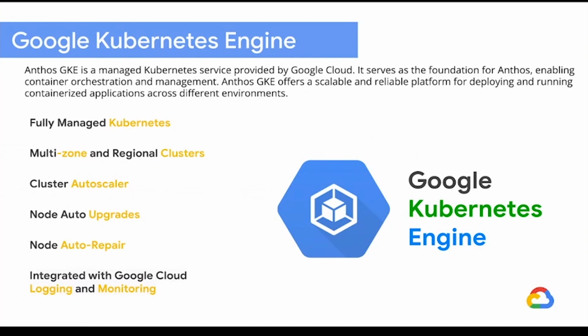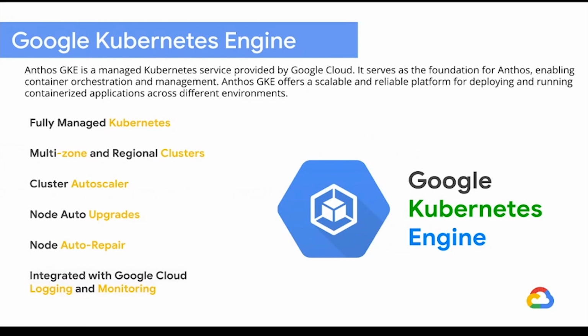Also, it comes with an auto upgrade offering because day to day, new patches are coming into Kubernetes, right? So there is no limitation where you have to go to your cluster and upgrade. It already comes with the auto upgrade feature. This is great actually.